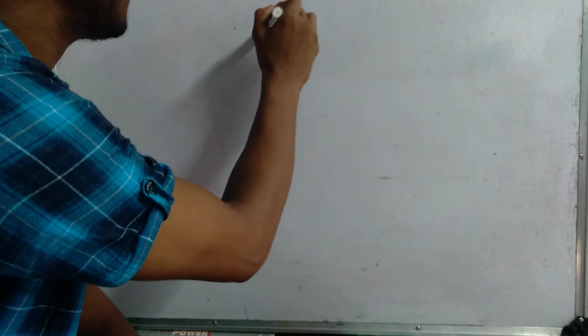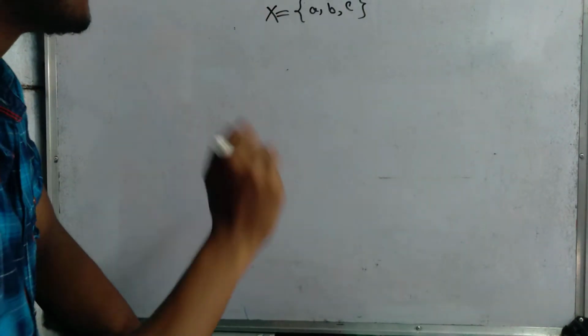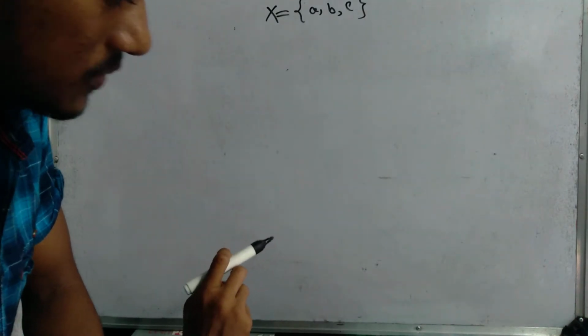I am not going to tell all of them, but I construct one 3-element set, A, B, C. Then we construct some collections which form topologies.